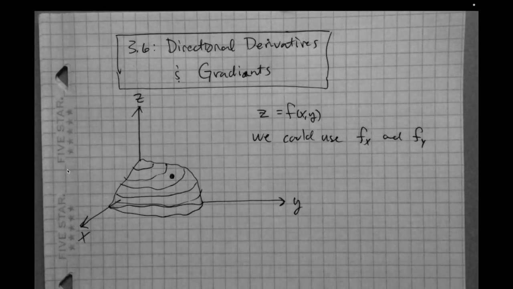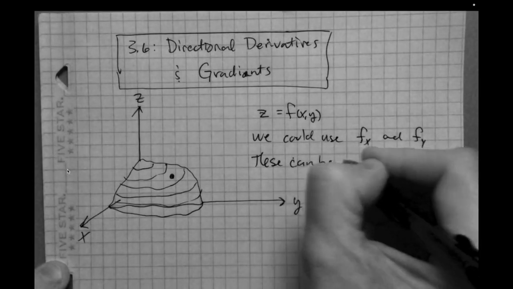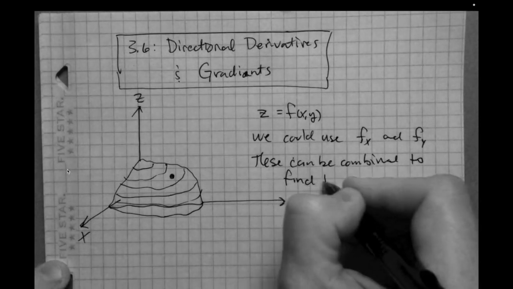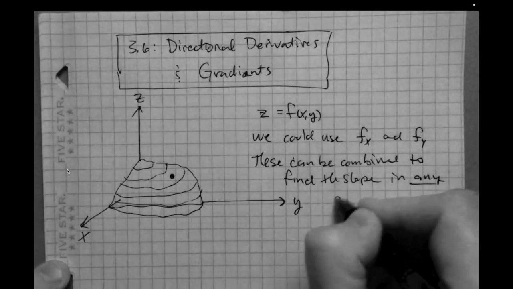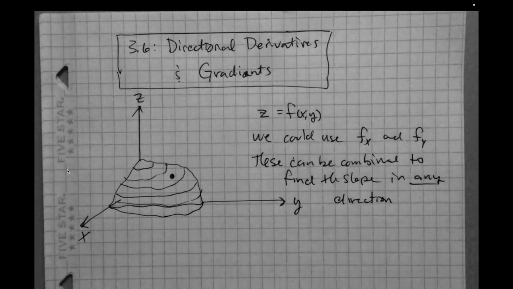And further, these can be combined to find the slope in any direction. That's what we're up to for the first part of this section. And so with that setup, we're now going to define a new kind of derivative called a directional derivative.